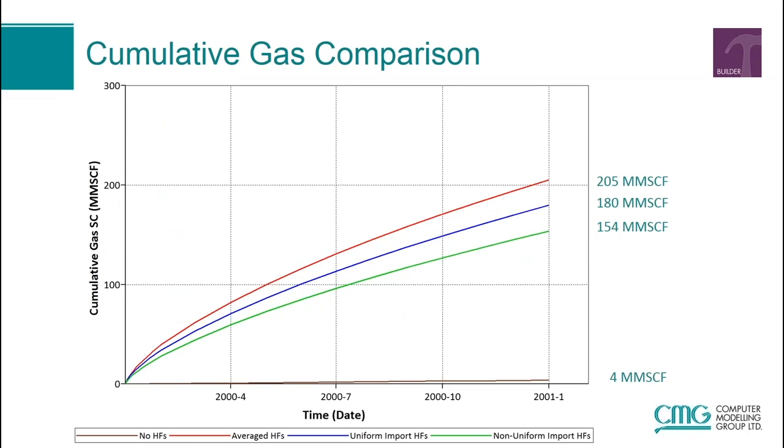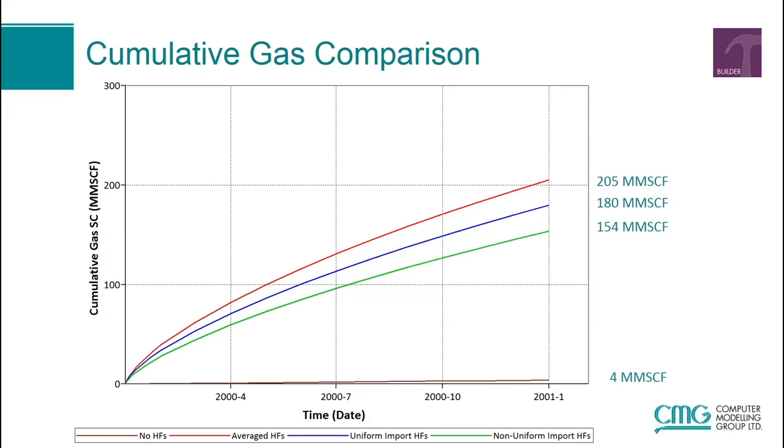Here we see a plot of cumulative gas production for each one of these cases. I did include one case where we have no hydraulic fractures in our model at all, and looking at cumulative gas over just 1 year, we see we only have about 4 million cubic feet of gas with no hydraulic fractures.